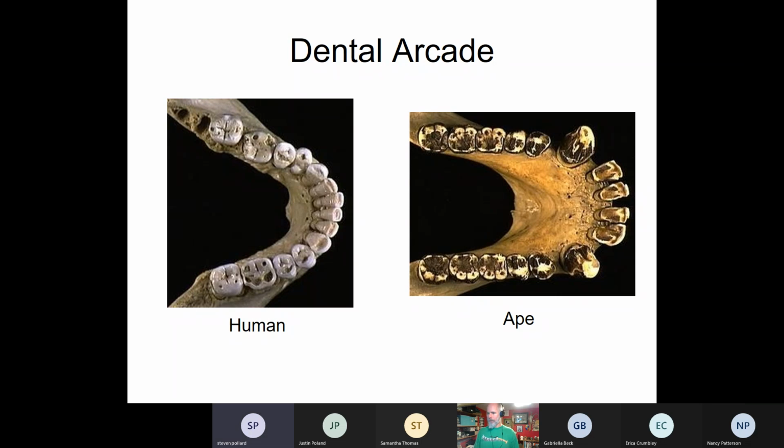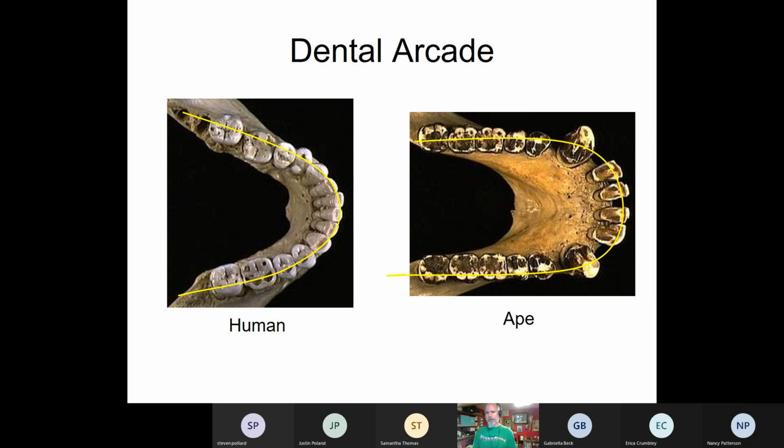It slowly widened out to a degree. For humans, it's divergent at the back, right? The molars start to diverge. For apes, they are parallel. That is something shown throughout the fossil record: as we get to modern humans, we get more divergence.